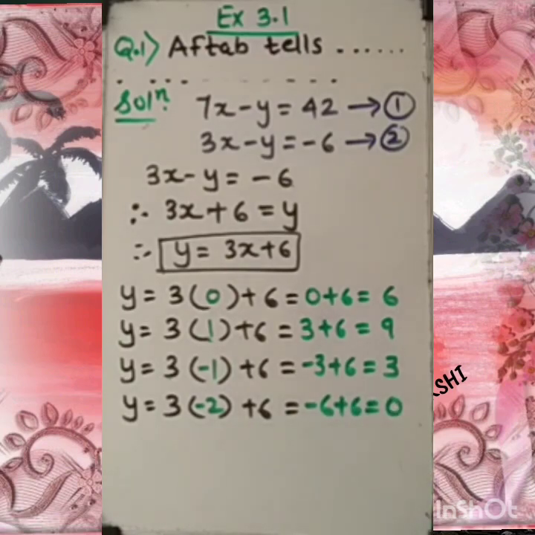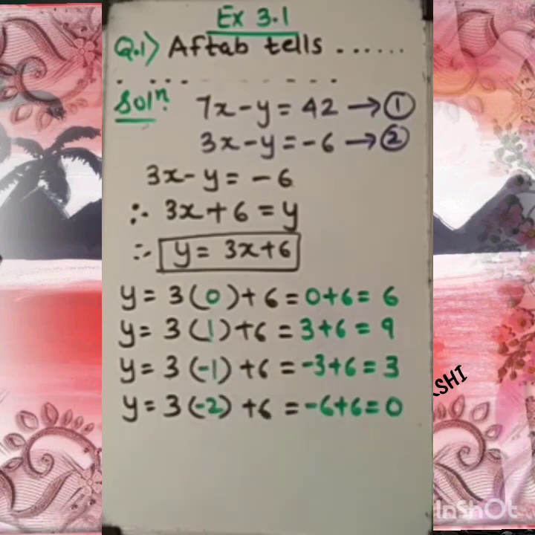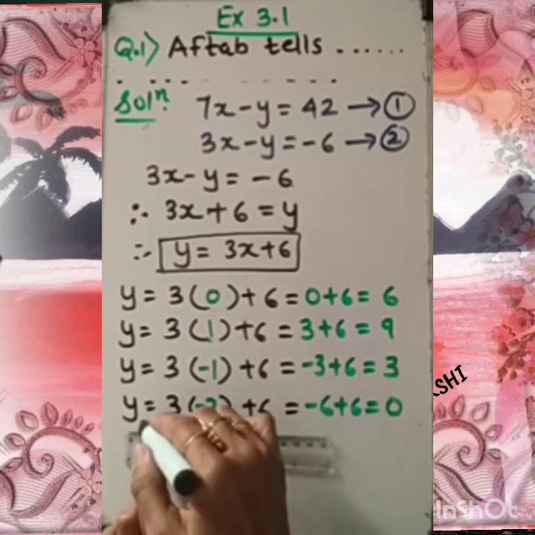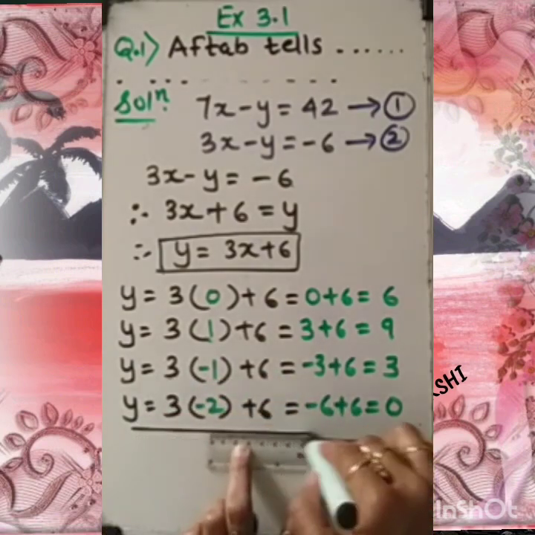You can observe here all the values which we have taken are nearby, between 1 to 10, and some negative numbers are also nearest, so that it's easy to locate any of these values on the graph paper.